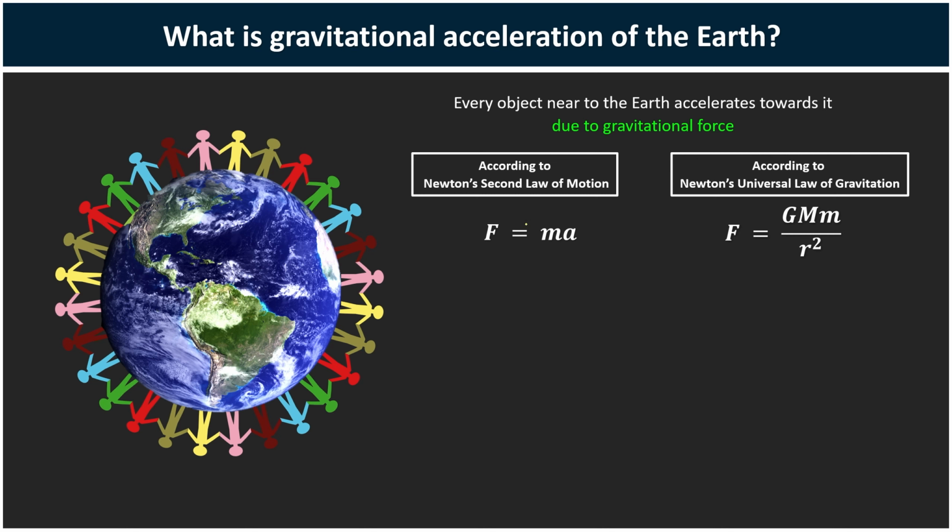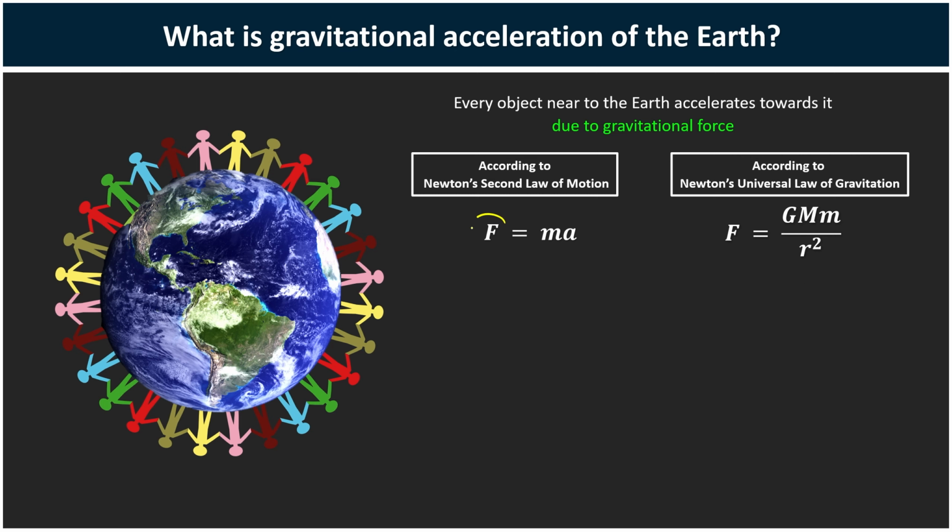In this video, we will use the capital letter M to represent the mass of a planet. Since we are using the Earth as our example, the capital letter M refers to the mass of the Earth. We use a small letter m to represent the mass of an object. It can be any object, a human or any stuff.